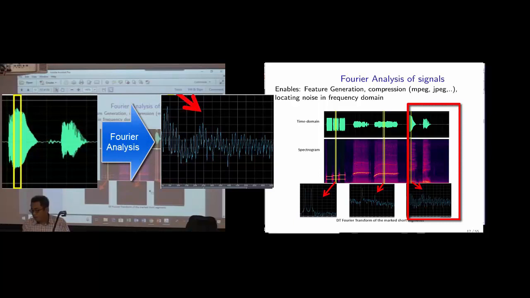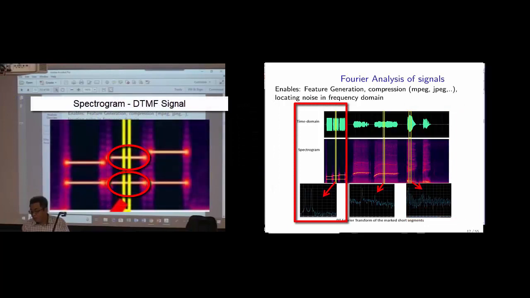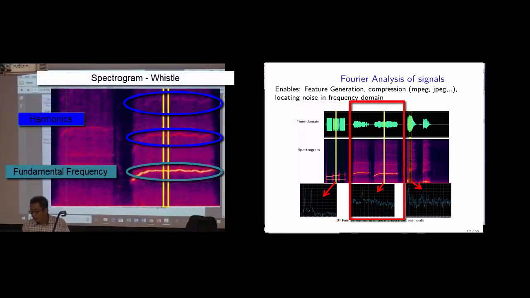Finally, when I speak, you realize that speech is a much more complicated signal than these previous two. The original one is nothing but a generated signal with two frequencies. When I whistle, it has one dominant fundamental frequency and harmonics.